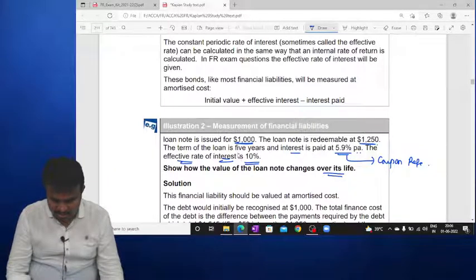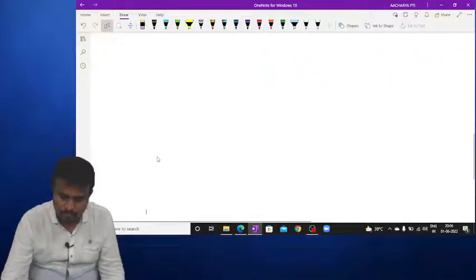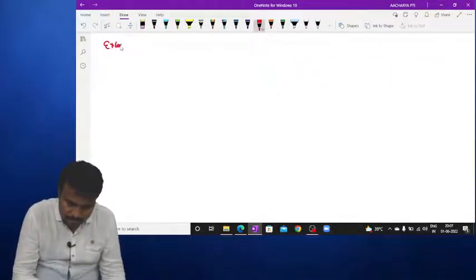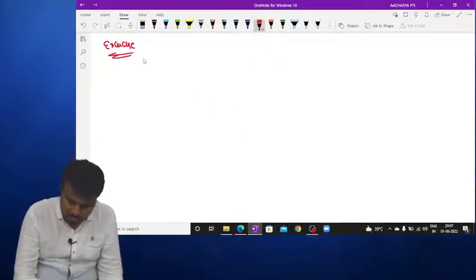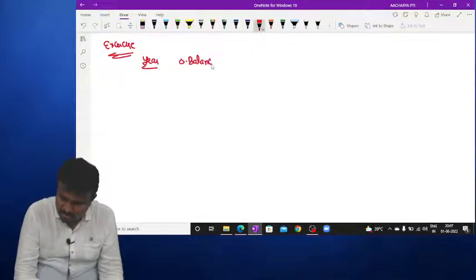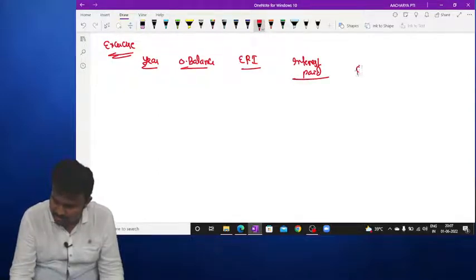So we need to calculate the carrying amount at the end of every year. How many years are there? The term of the loan is 5 years, and the redeemable value is 1,250. So we need to calculate the carrying amount: year, opening balance, effective rate of interest, interest paid and closing balance.